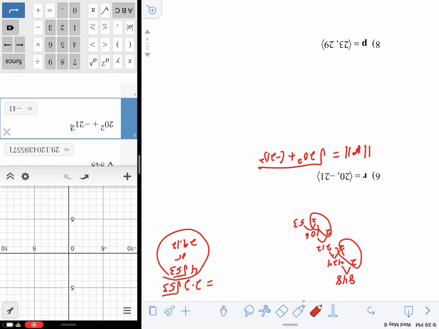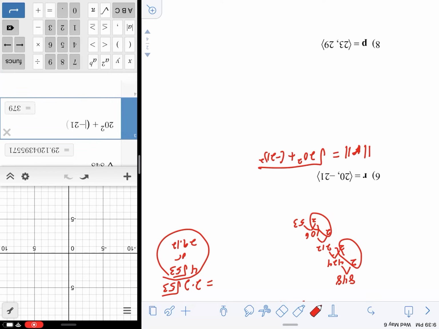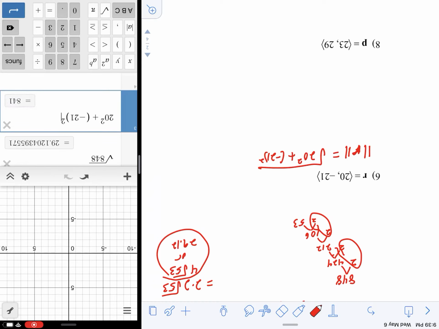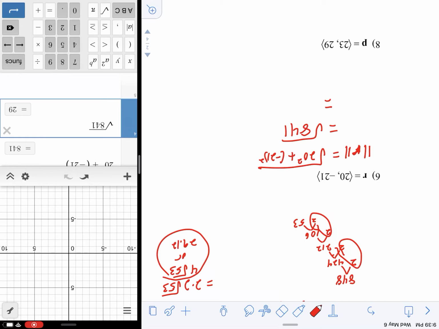That would be bad. So you have to have the parenthesis here and there, and then square that, and you get radical 841. Let me check the square root of 841, and that is a whole number, 29.